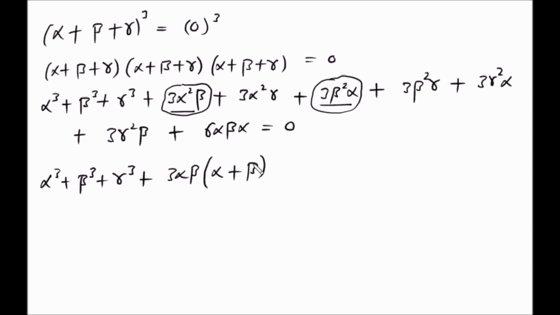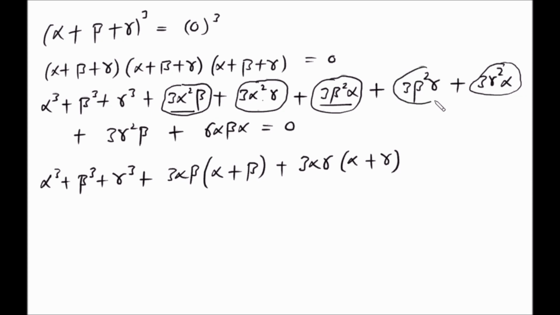Now mchukue huyu alpha squared gamma na huyu gamma squared alpha. So tutoe nje 3 alpha gamma. So jumlisha 3 alpha gamma. Hapa nitabaki na alpha, hapa nitabaki na gamma.